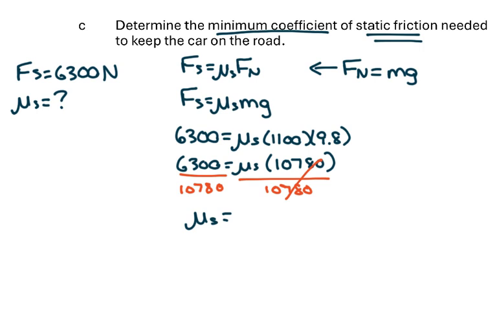I'm going to go straight to the proper sig figs. It's going to need 2, which should give us a coefficient of friction of 0.58. And as before, coefficients of friction do not have units, so that is that.